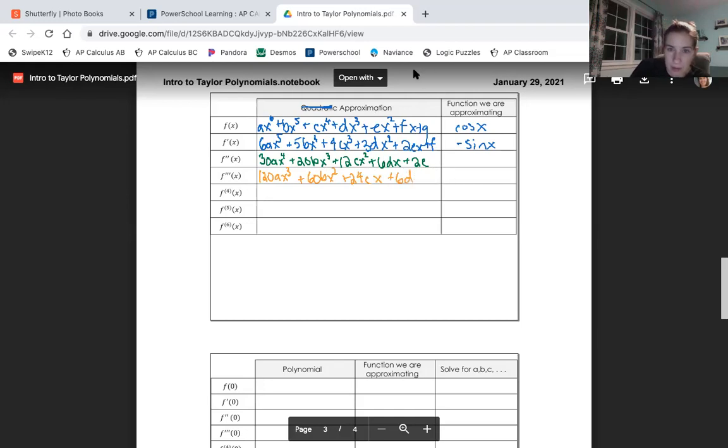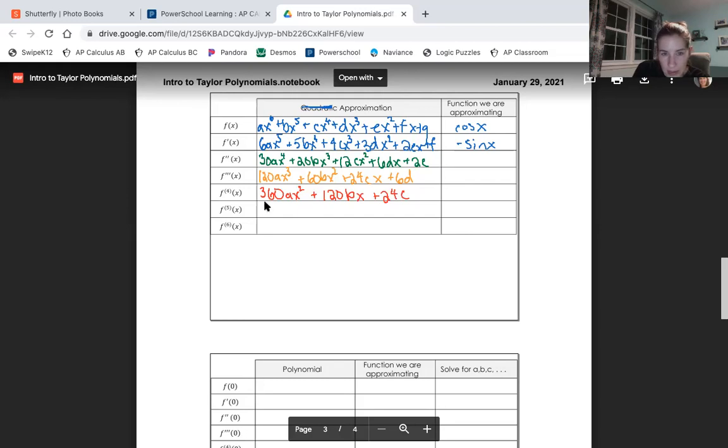All right, now I'm going to do that again. So now this is going to be 3 times that, which is 360ax squared plus 120bx plus 24c. Almost done.